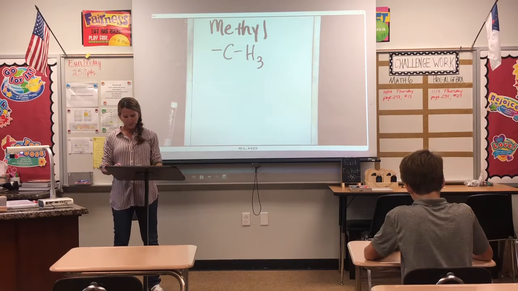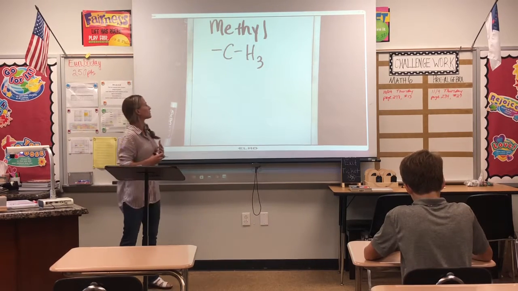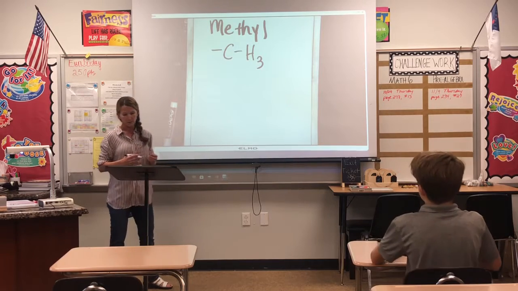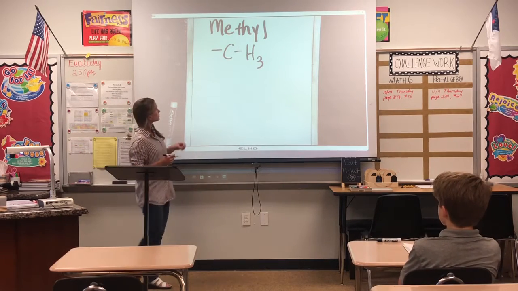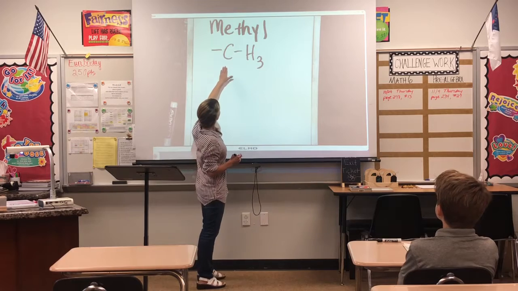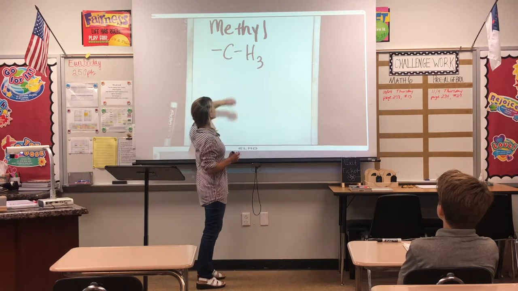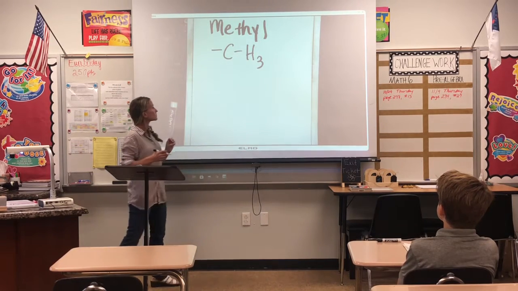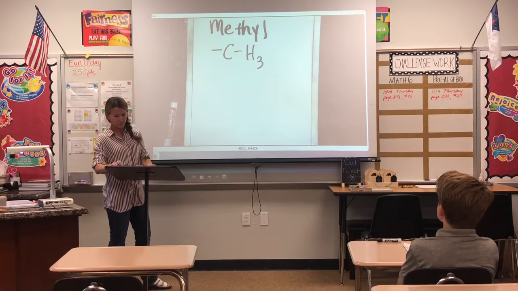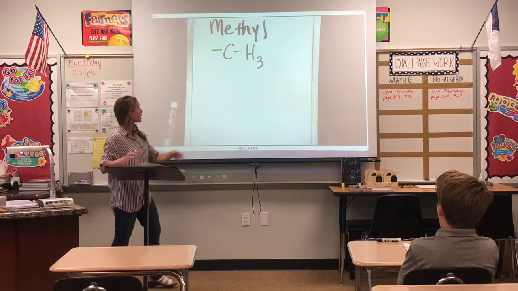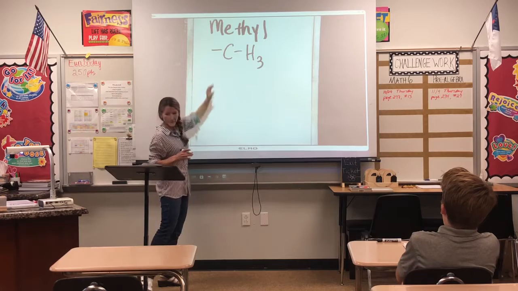So methyl is the basic unit of hydrocarbons. 3 atoms share an electron with each of the 3 sides of the carbon atom. And usually there's another carbon atom attached right here.